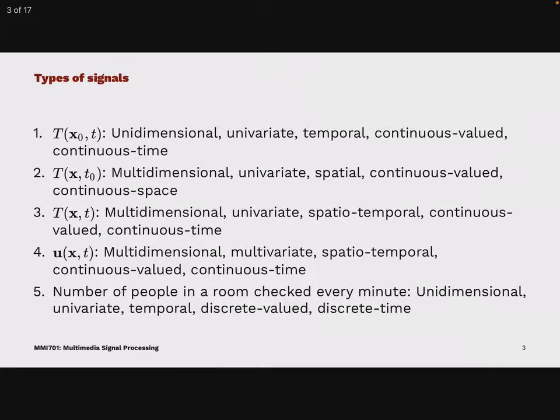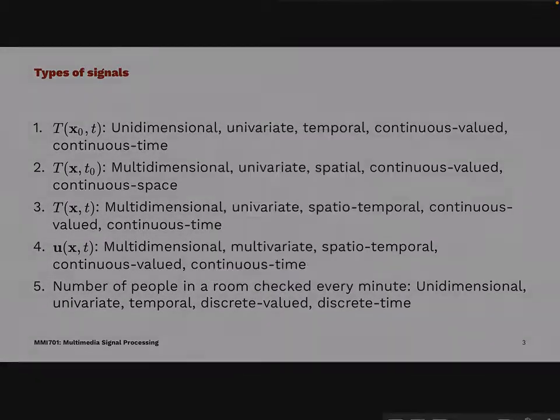So let's define different types of signals by way of their different properties: their dimensionality, how many variables it includes, whether it's temporal or spatial, whether it's continuous valued, whether it's continuous time, etc. So let's assume that we have a thermometer where we're measuring the temperature at a given position, x0, in space.